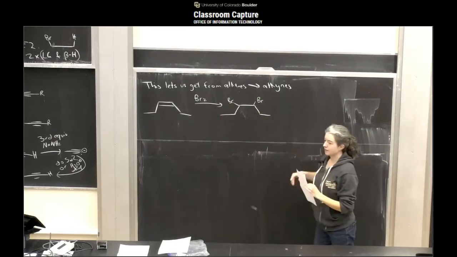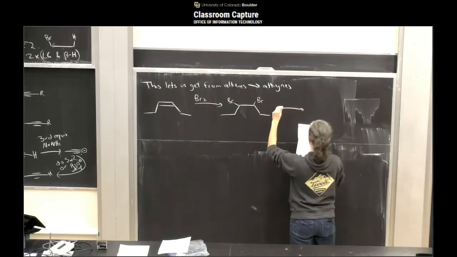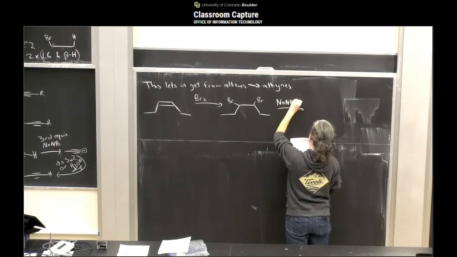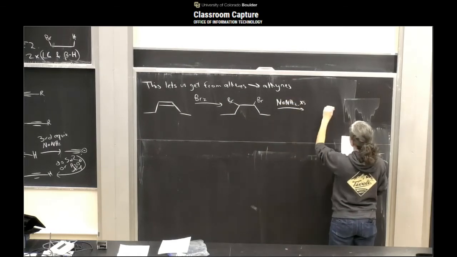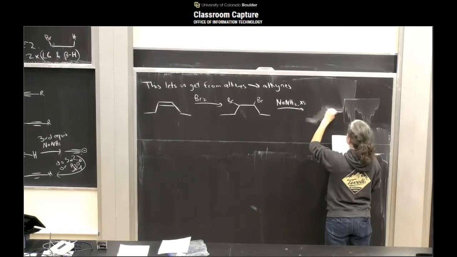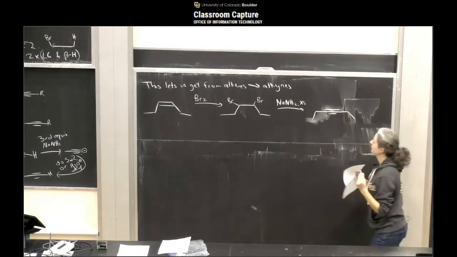And now we have a setup such that we can do a double E2 across the middle and get an alkyne here.